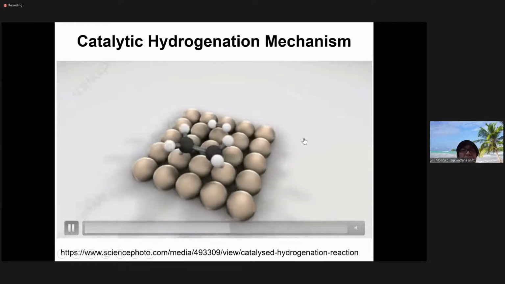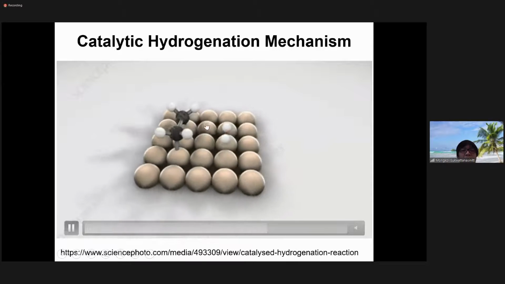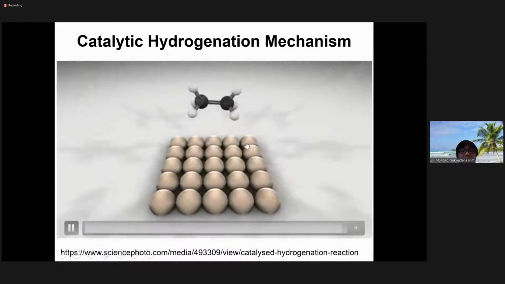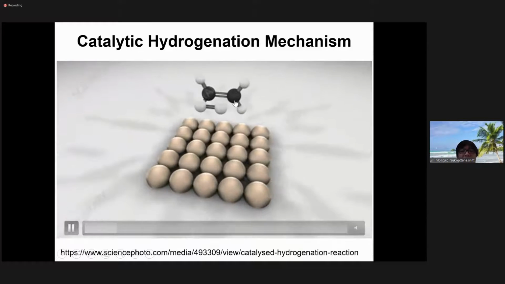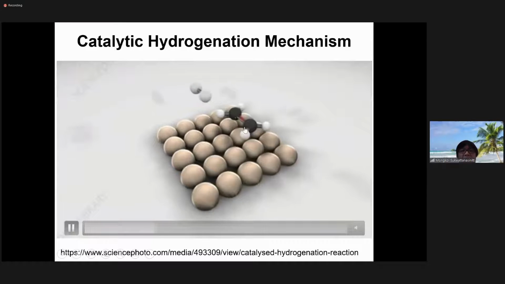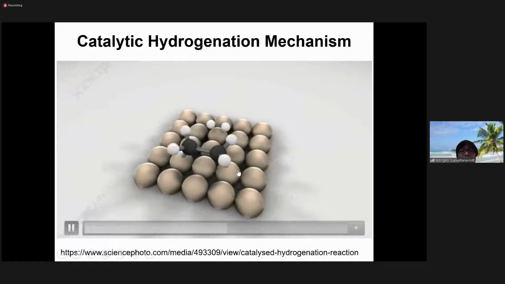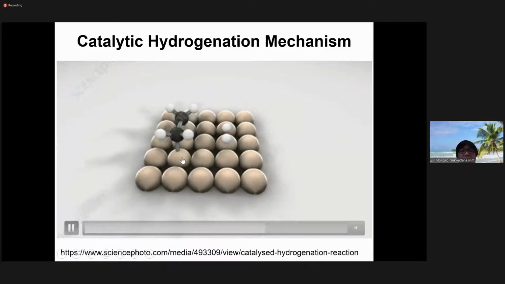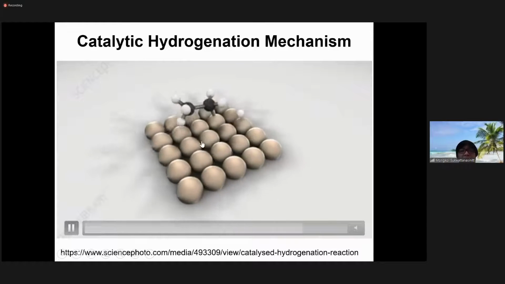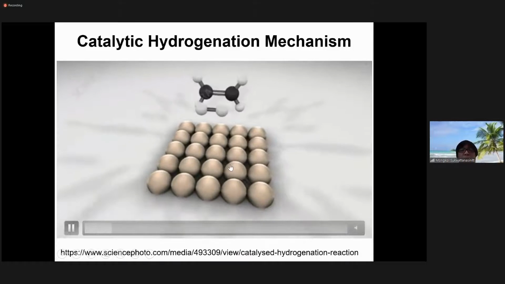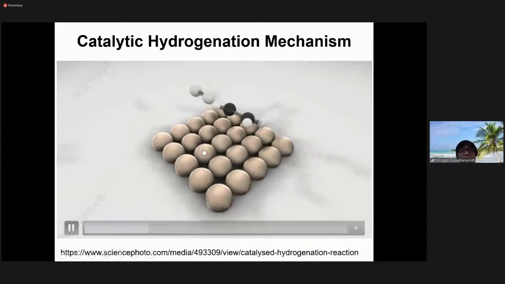Okay, from this video, you see that the metal sheet here binds with the alkene and breaks the pi bond to form the sigma bond with the surface of the metal first, and then the hydrogen atoms also form the sigma bond with the metal surface.